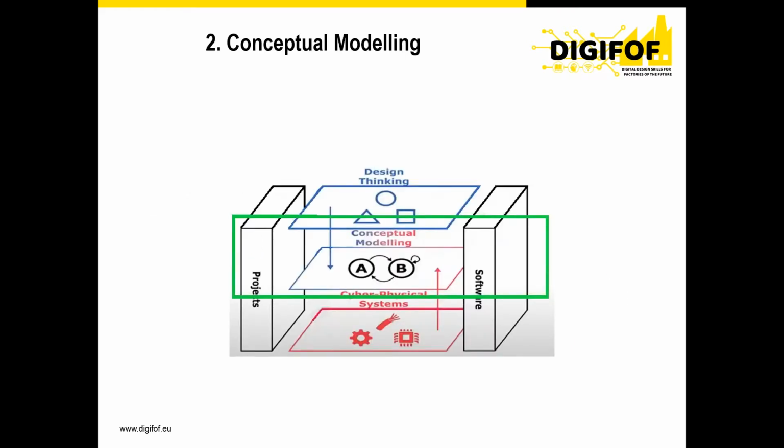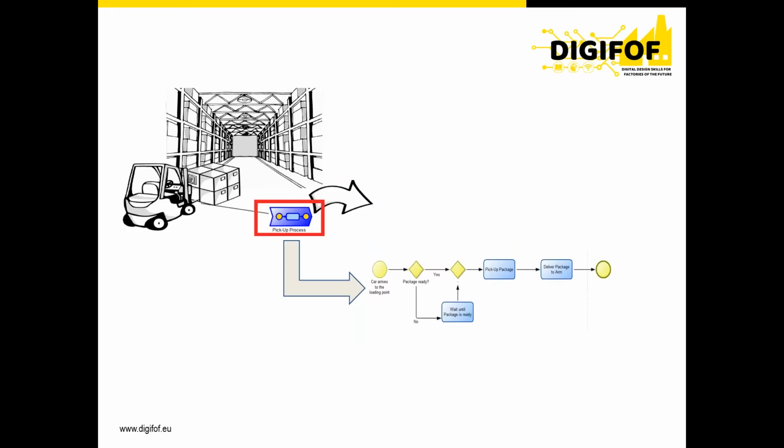Okay, the second part is the conceptual modeling part, where we go deeper and explain the actions described in the previous design thinking part. Here we use a BPMN object where we create our steps, let's say how everything is going to take place.